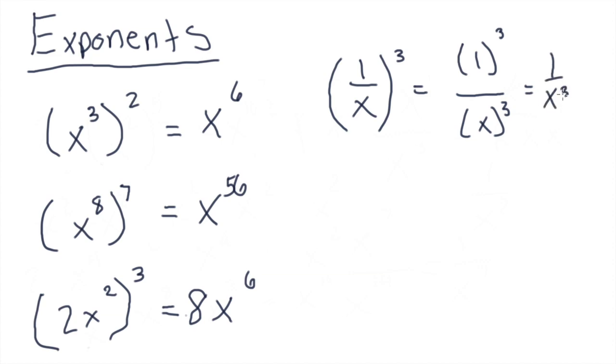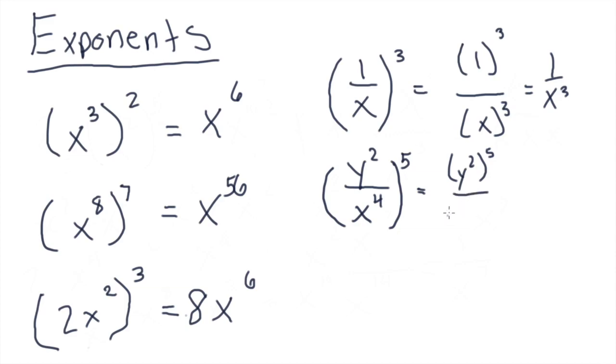Let's try another one like that. Let's say I have y squared over x to the 4th, and this is all to the power of 5. So that's going to simplify into y squared to the power of 5 over x to the 4th to the power of 5.